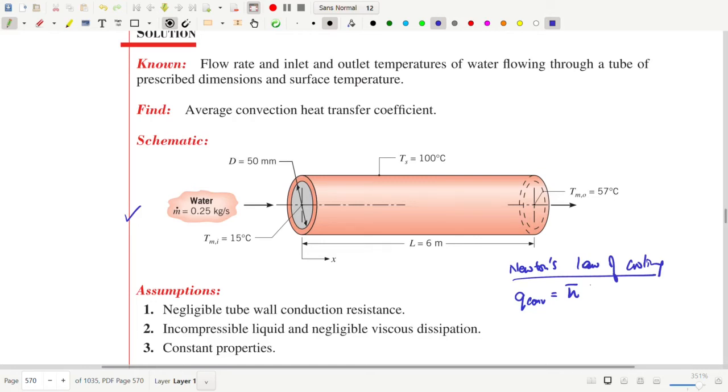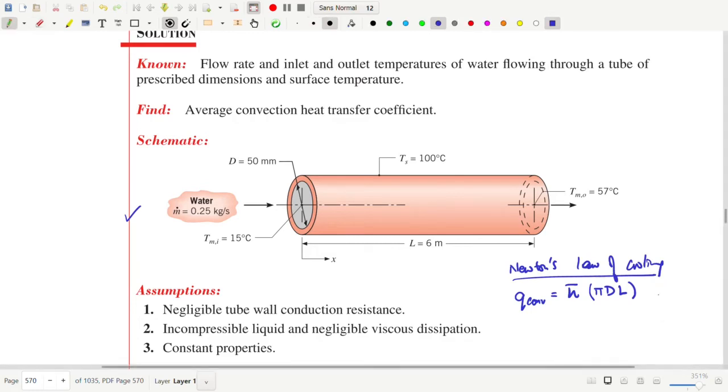The total internal surface area of the pipe which is contacting the liquid is nothing but the circumference, which is, let's write in terms of the diameter, pi D, times the length. That's the total internal surface area contacting the liquid.